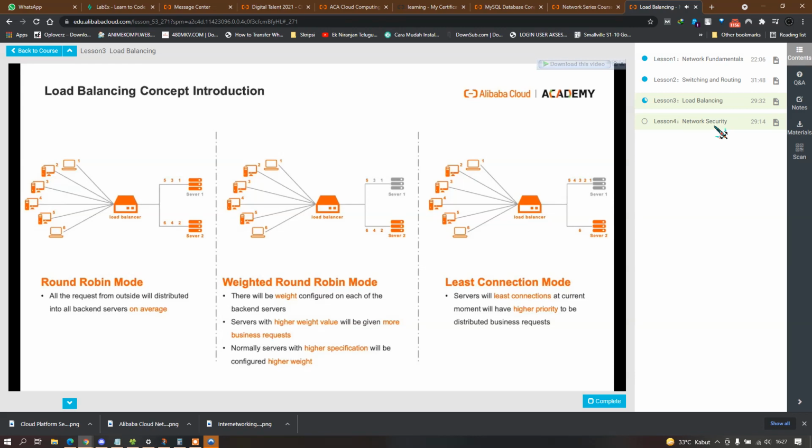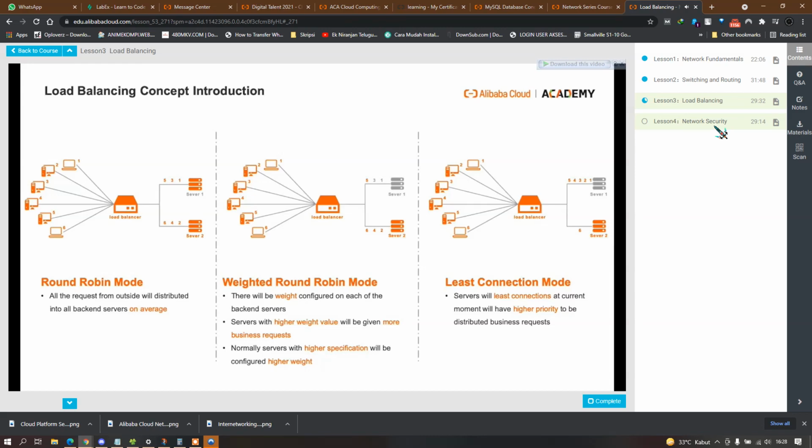This is the default mode of most load balancers, in which all the requests from outside are distributed to the backend servers evenly. It means all the backend servers have the same opportunity to be distributed the business requests from outside. This is the default mode of the load balancer.